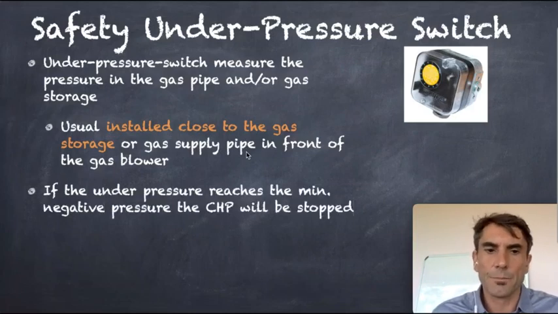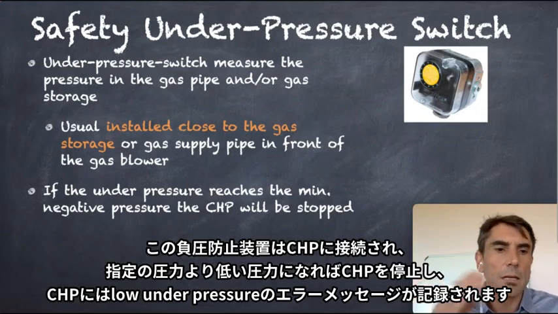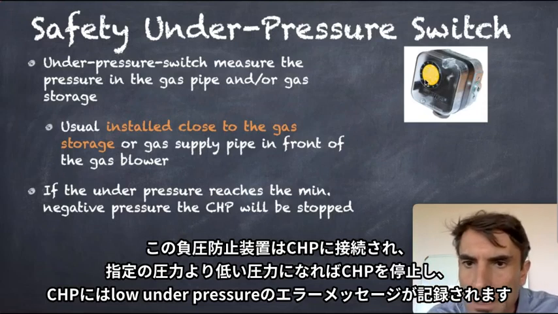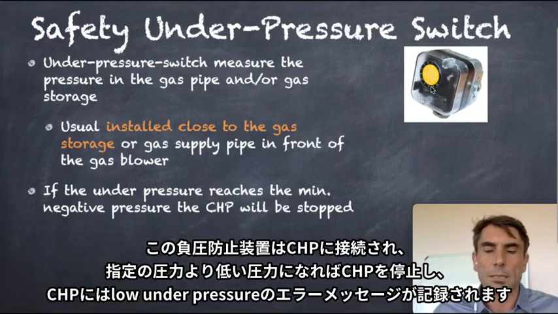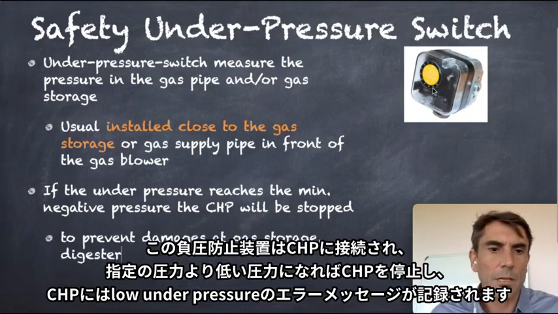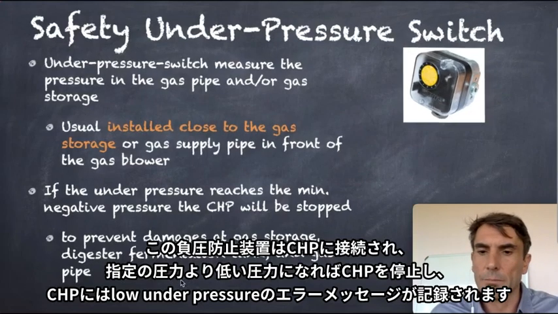It is connected to the CHP, and if the under pressure reaches the level adjusted for a negative pressure, it will stop the CHP with the message of low under pressure gas. Exactly, to prevent damage to the storage, the digester tank and the gas pipe system.